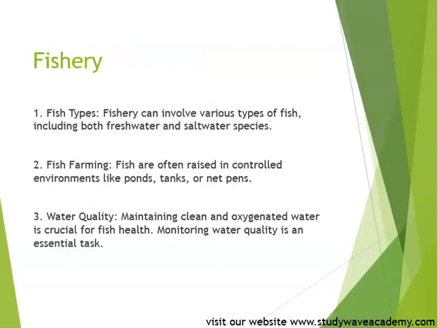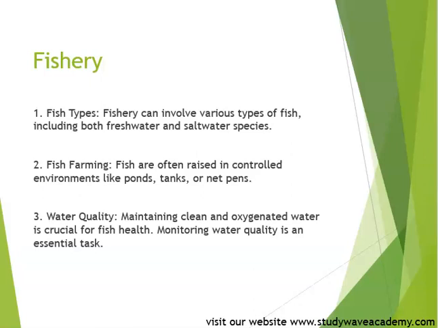Let's look at activities under fishery. Fish types. Fishery can involve various types of fish, including both freshwater and saltwater species. Fish farming. Fish are often raised in controlled environments like ponds, tanks, or net pens. Then water quality.